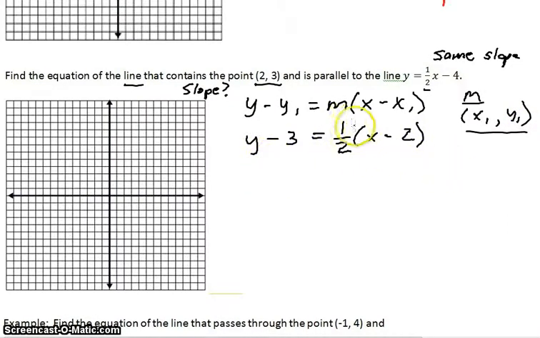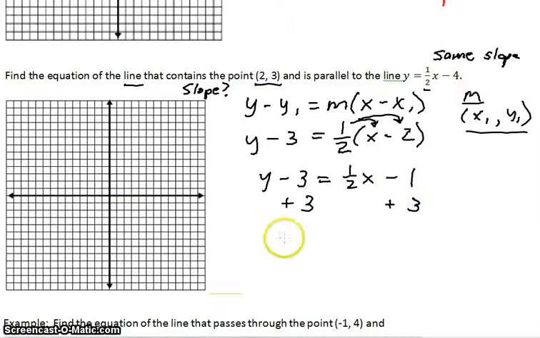So what I'm going to do is distribute this to both terms. So I get y minus 3 equals 1/2 x. 1/2 times a negative 2 is a negative 1. I'm going to add 3. And I get y equals 1/2 x plus 2. And there's my line.